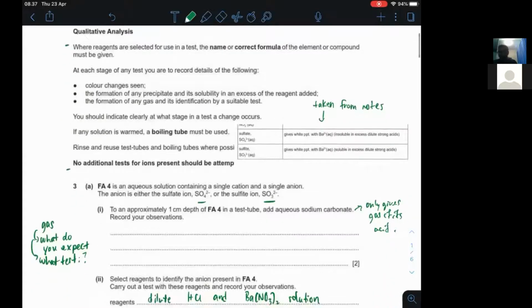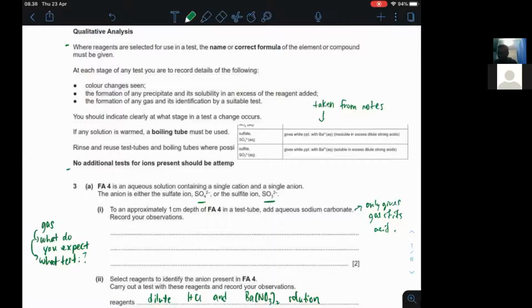Here we have FA4. For a change, I have given all the information at the back of this worksheet, but let's look at it without knowing FA4. I will give you some information and you help me deduce what FA4 might be.